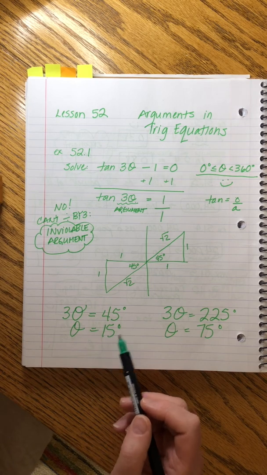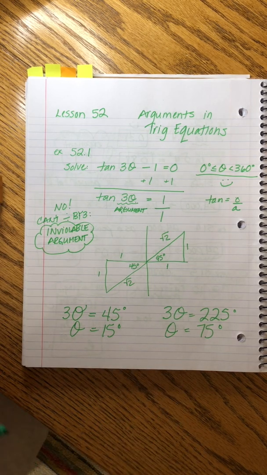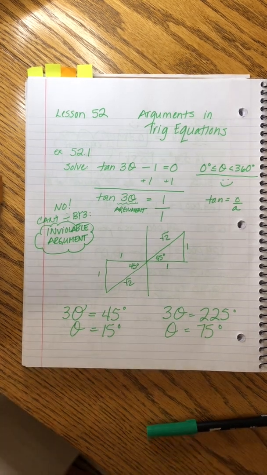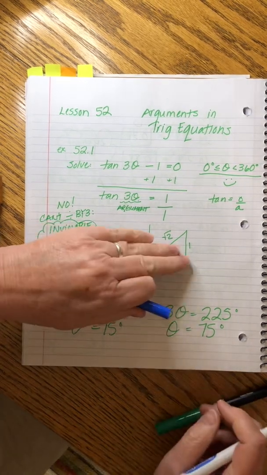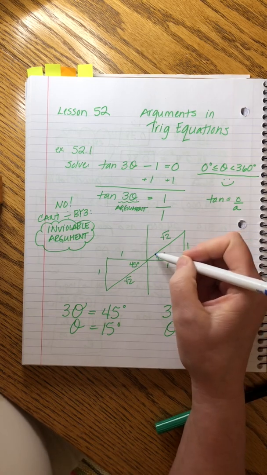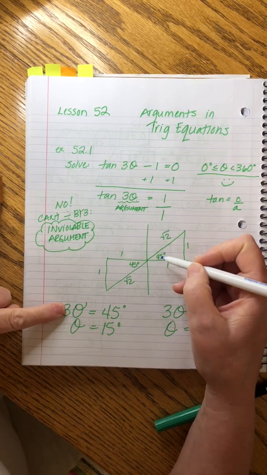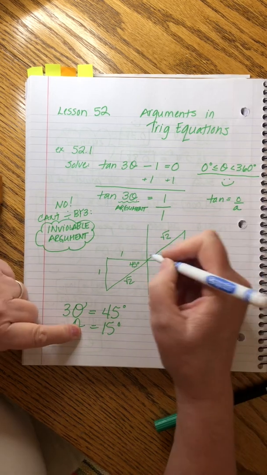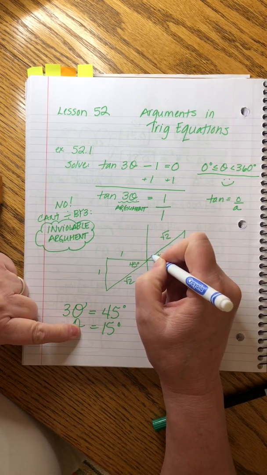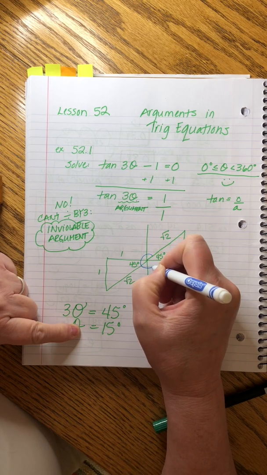So that means we're going to have to take into consideration some extra spins. Let me get another color pen so I can tell you what I'm talking about. Let's look at just this triangle right now. A 45-degree triangle leads us to a theta value of 15, but our theta values can be higher. So what happens if we start here and we go around the circle again?